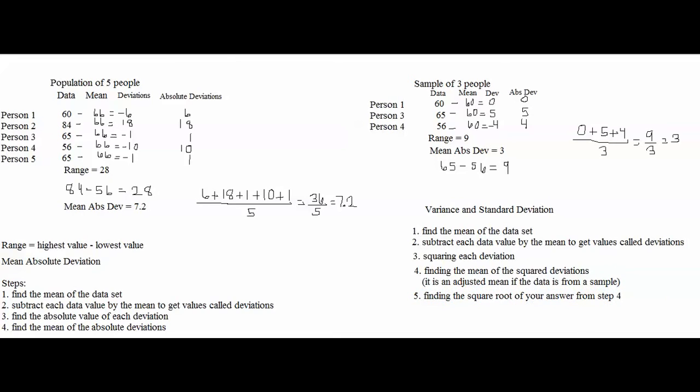If you stop at step 4 and don't go to step 5, your value is called a variance. If you do go on to step 5, then the answer you get from step 5 is a standard deviation.